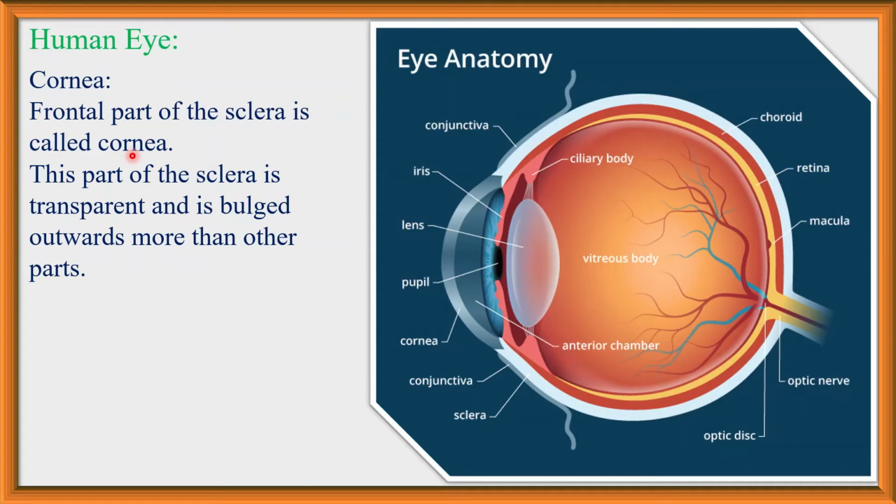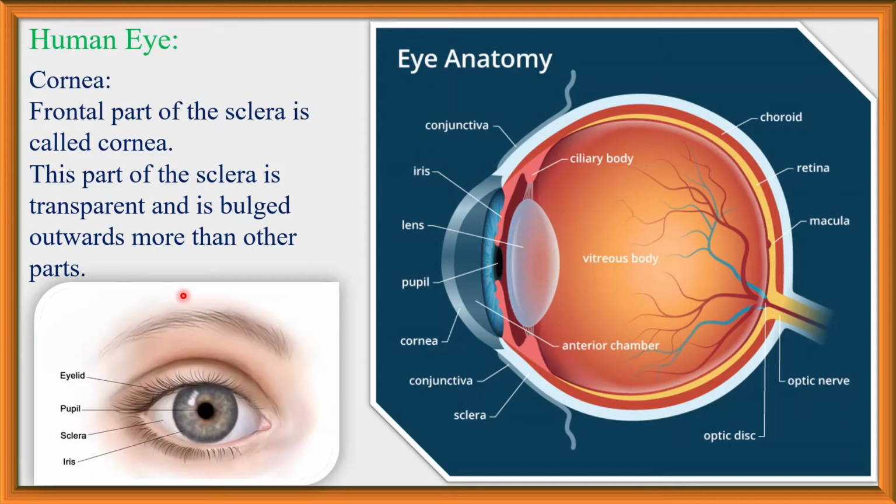This part of the sclera is transparent and is bulged outwards more than other parts. You can see here this white part is the cornea.